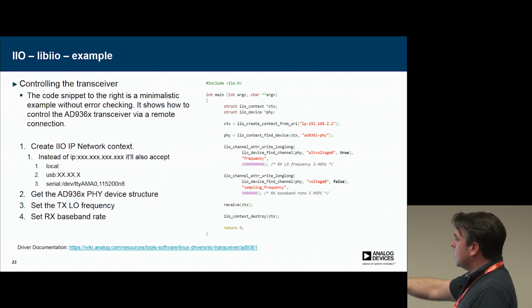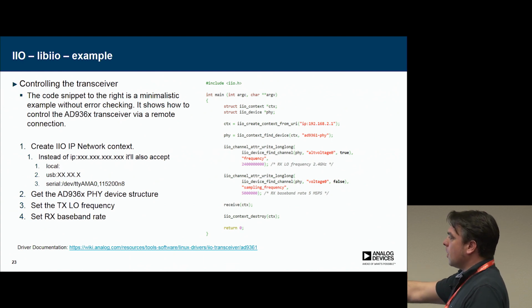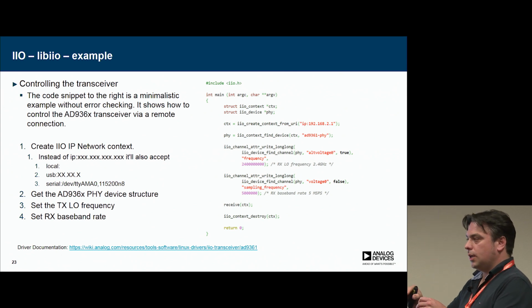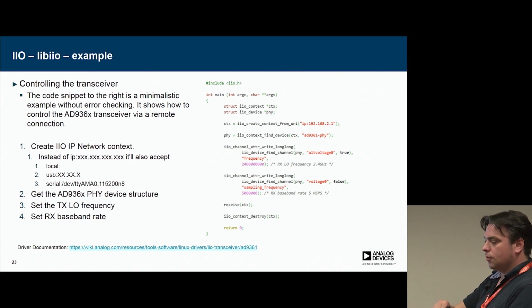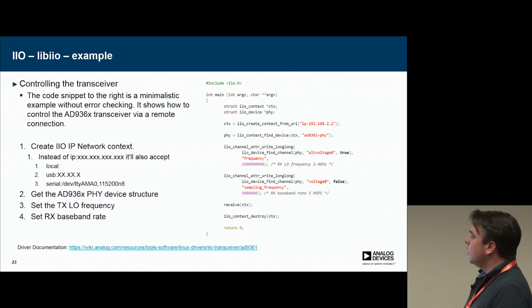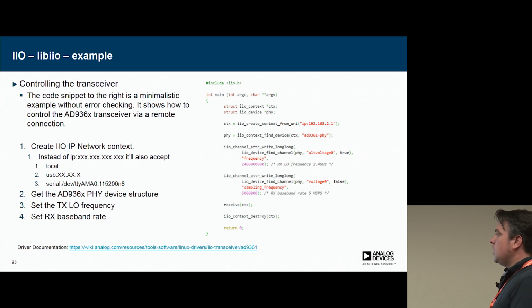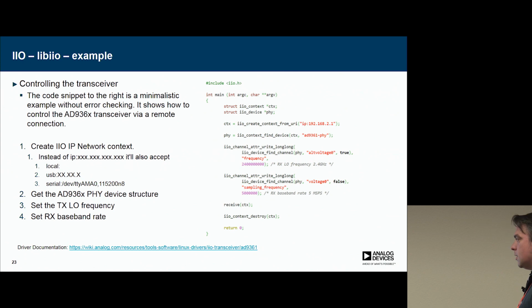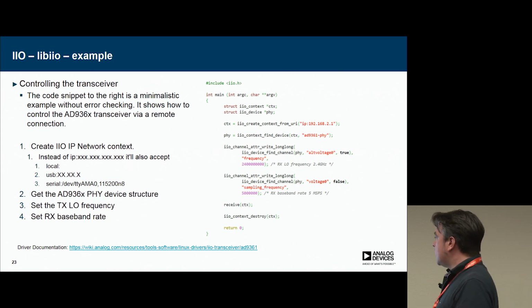And the context can be created from a URI, which can be either local. That's when your transceiver really sits local, connected to your CPU that you're running the code on, or it can be just an IP address, or it can be a USB URI, or a string that identifies a serial interface. Then you find the device.